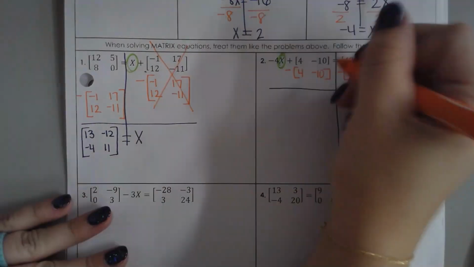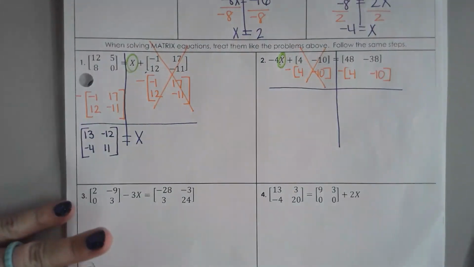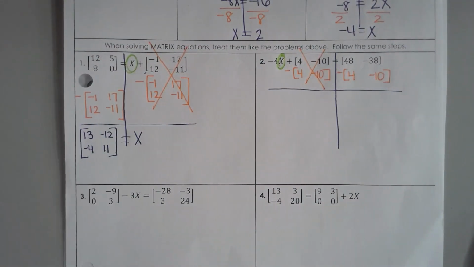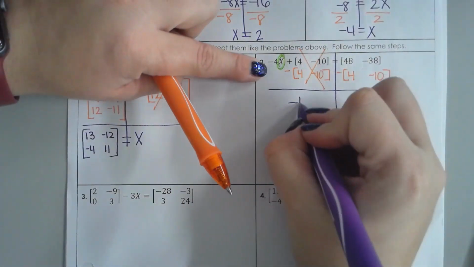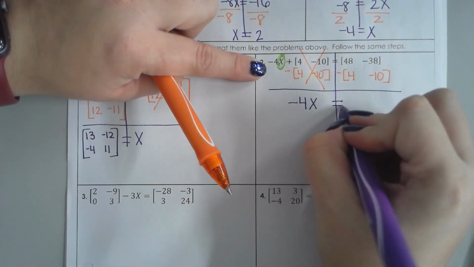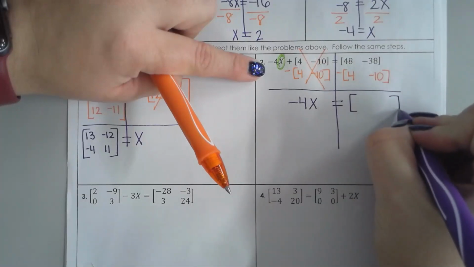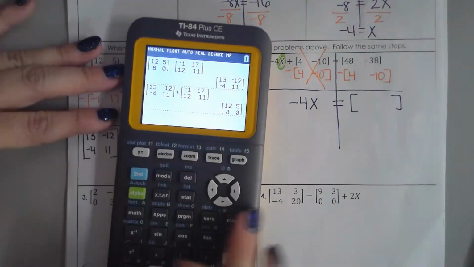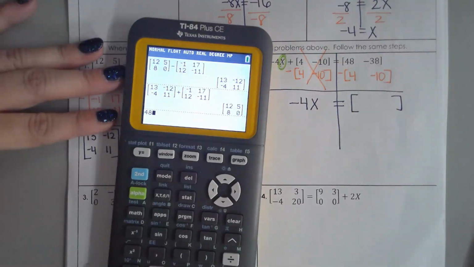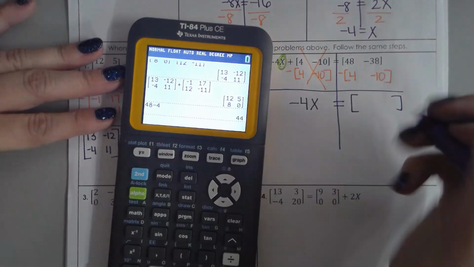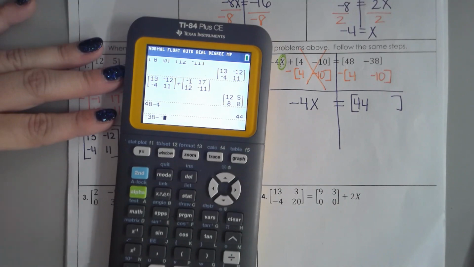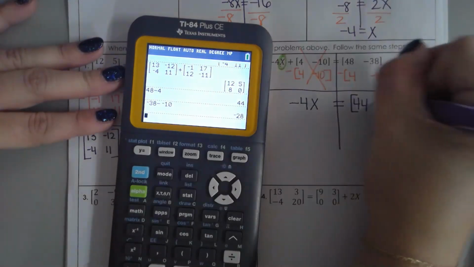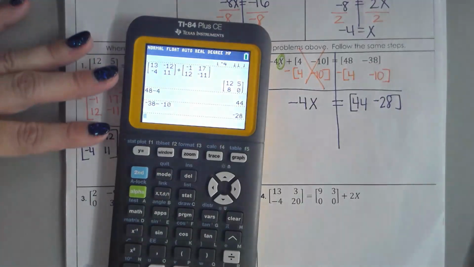So that allows those to cancel. Over here, I still have negative 4x equals, and then really it's probably faster just to type in 48 minus 4 and negative 38 minus negative 10 than to try to type in the actual matrices.